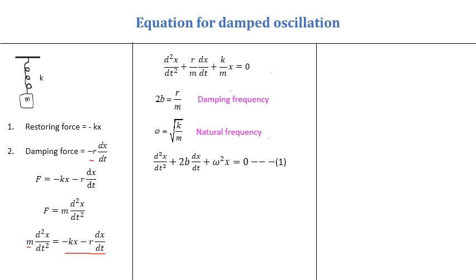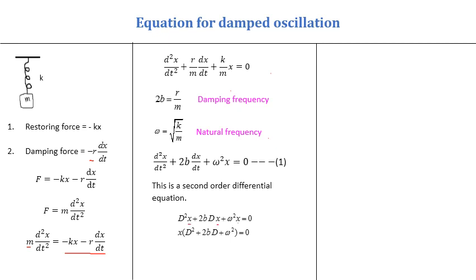In this expression, let me put d by dt as capital D. Then I will get expression 1 as D square x plus 2b Dx plus omega square x equal to 0. Here x is common, so I will take it out.